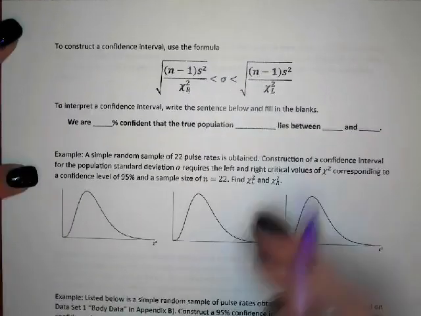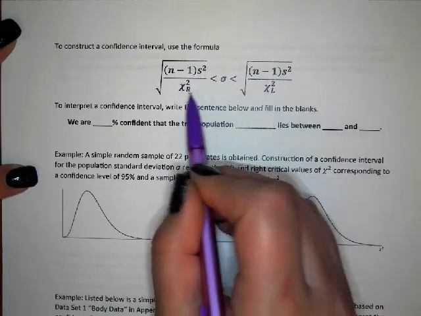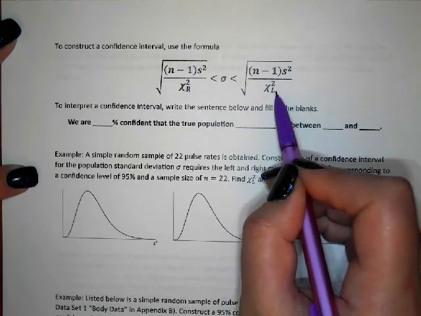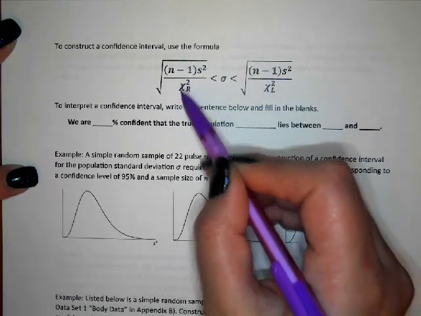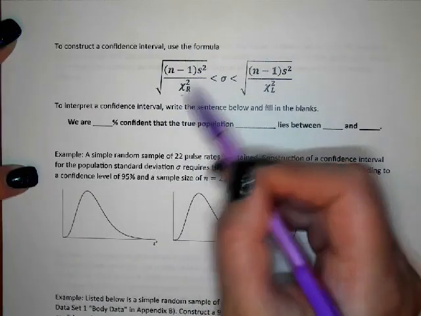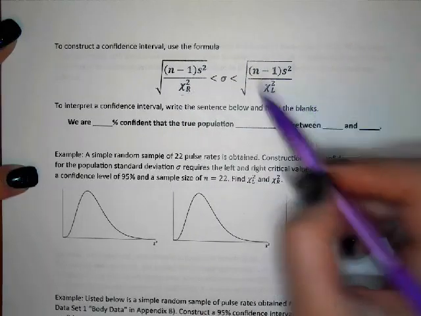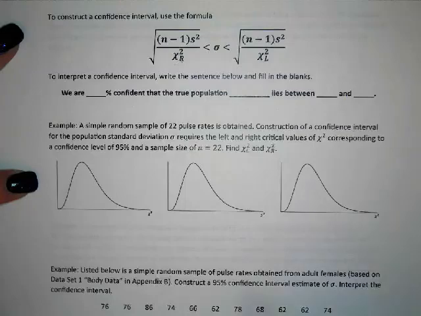The reason that these are on the opposite sides, the right one is showing up on the left side of the interval, the left one is showing up on the right side of the interval, is because the critical value on the right side is a larger number, and when you divide by a larger number, you get a smaller value. And so the smaller value ends up on the left side, the larger value ends up on the right side. And then again, when we interpret our confidence interval, we're still going to be able to write the same sentence that we were writing before.